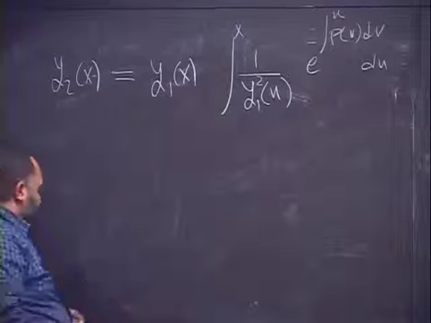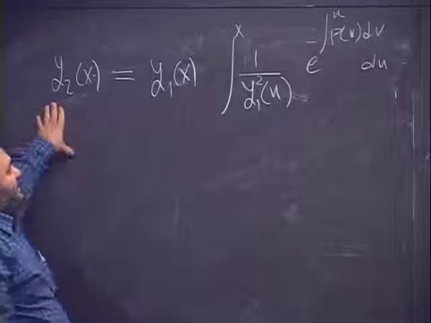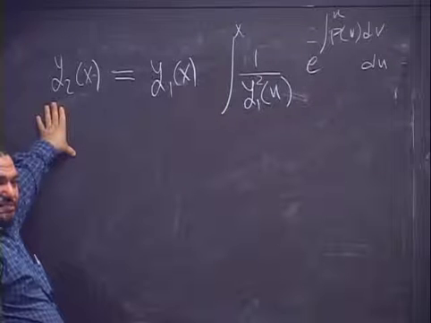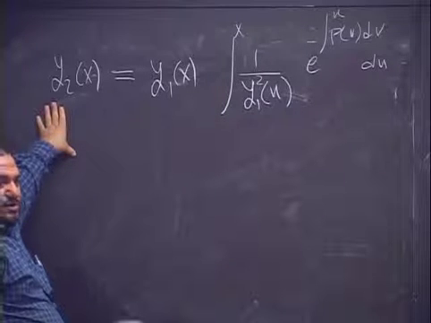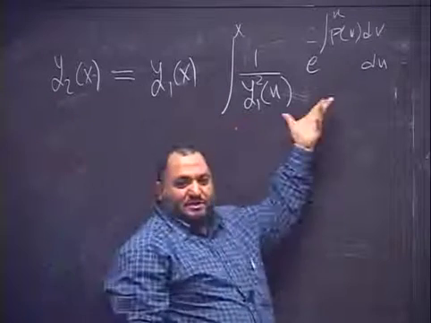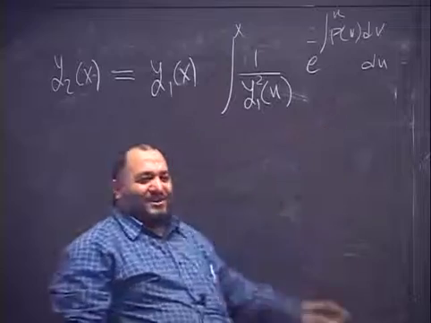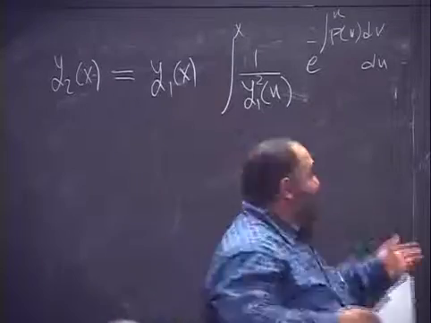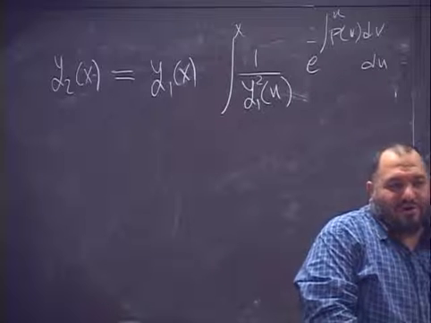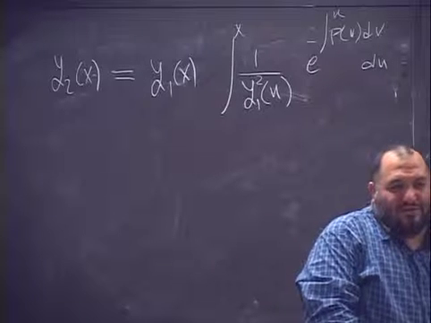So again, this is the method, and this is how to use y1 to get y2. The problem is how to find this big bulky integration. If p of x is constant, it is very easy: e to the power of a constant integration gives you an exponential function.